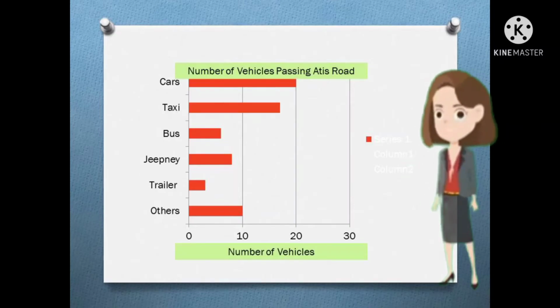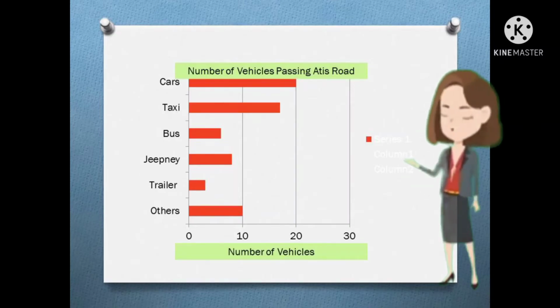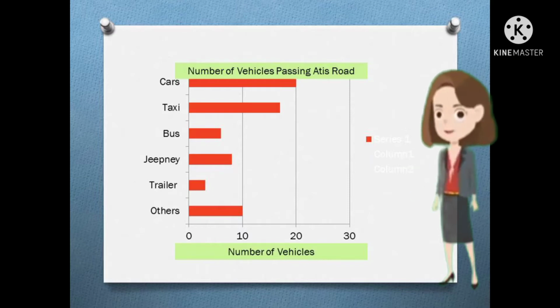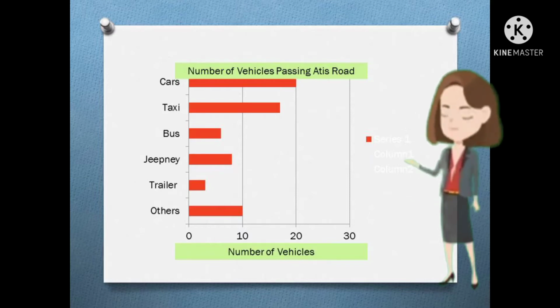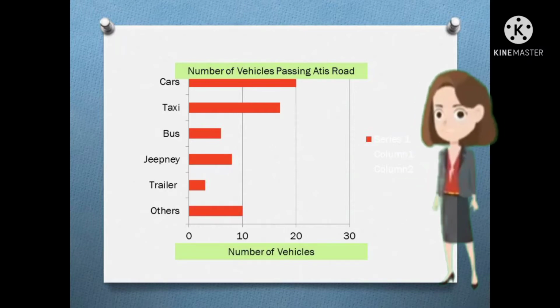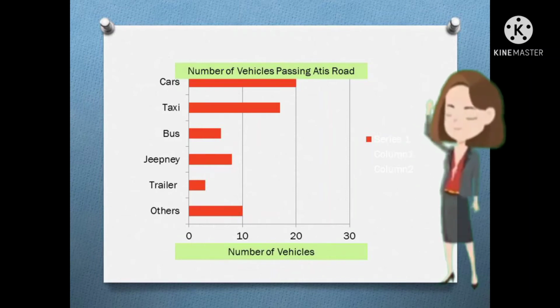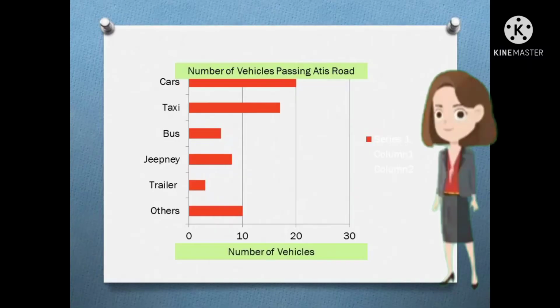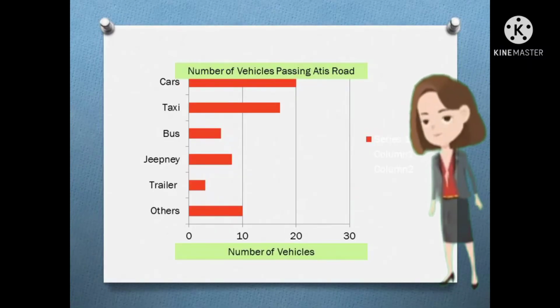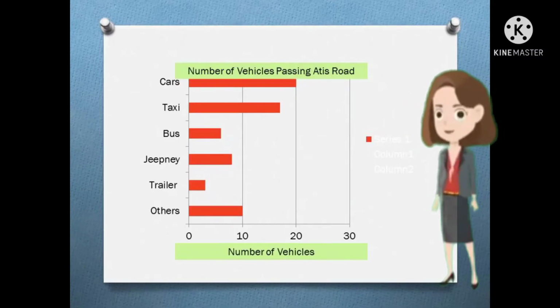Question number 2. In this horizontal bar graph, what information is placed along the horizontal axis? The information placed along the horizontal axis is the number of vehicles. Question number 3. What information is found on the vertical axis?